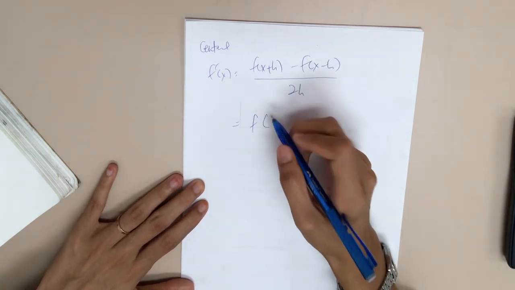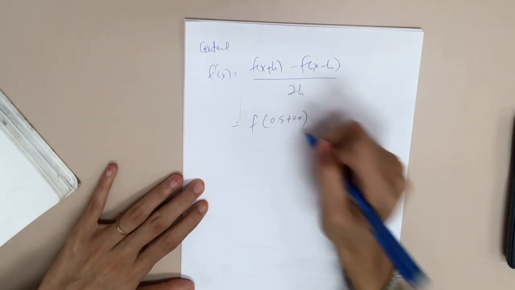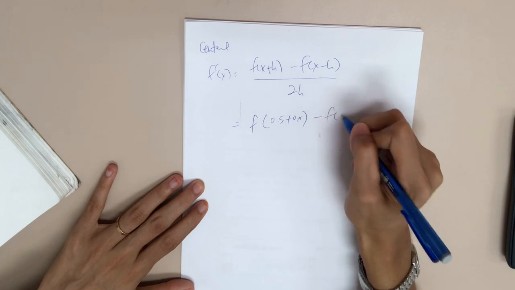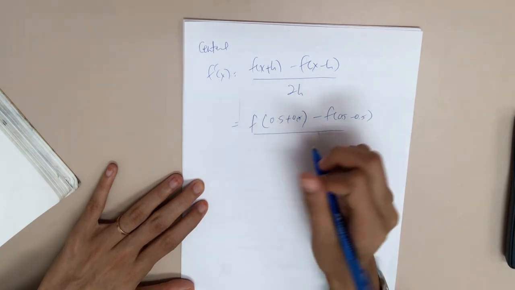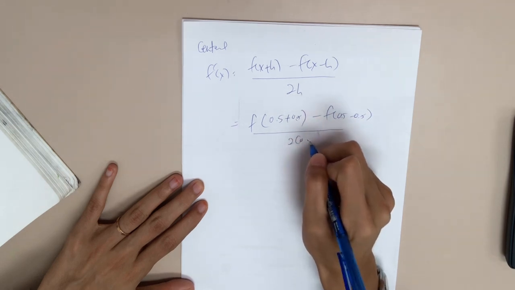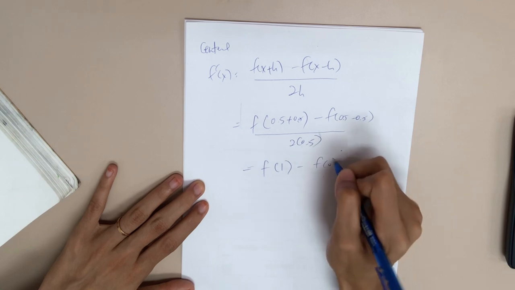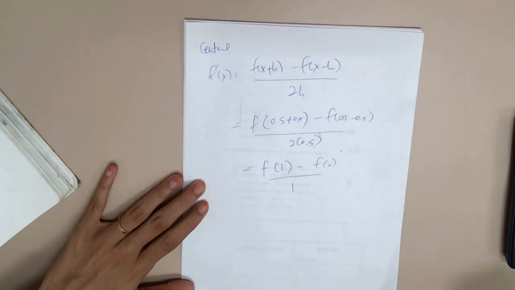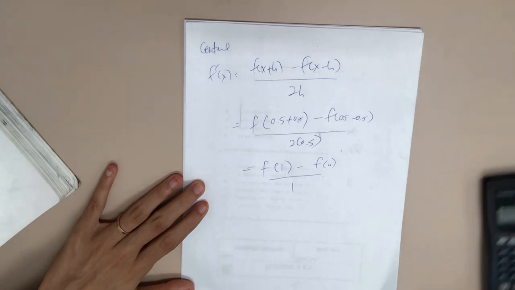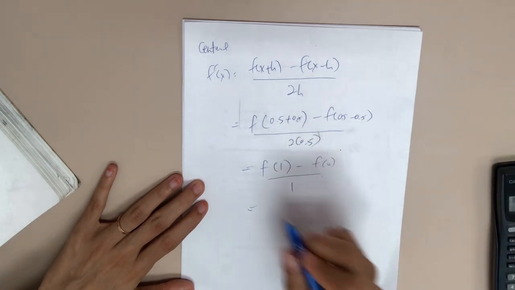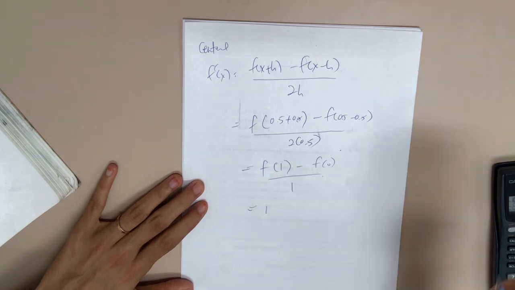So this one will be 0.5 plus 0.5 minus 0.5 minus 0.5, and then 2 times 0.5. So this one is f1 minus f0 divided by 1, which is 0.5 times 2, and f1 you already calculated just now.